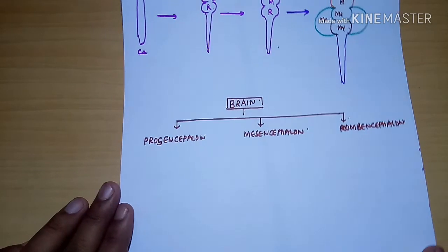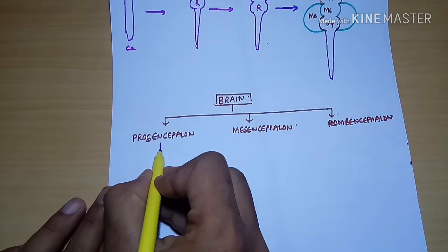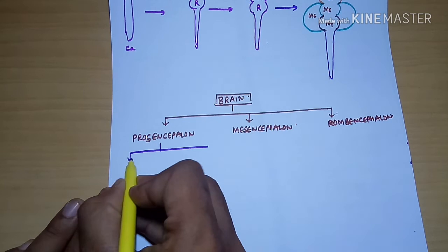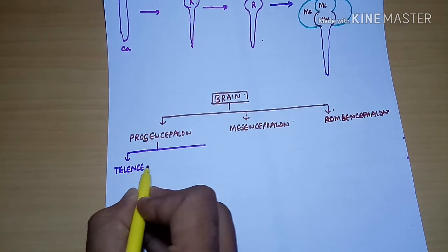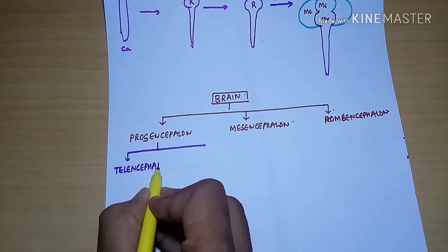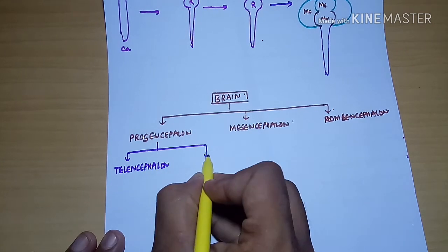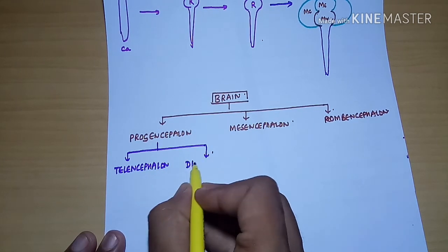From the prosencephalon, two structures are formed, which are the telencephalon and diencephalon.